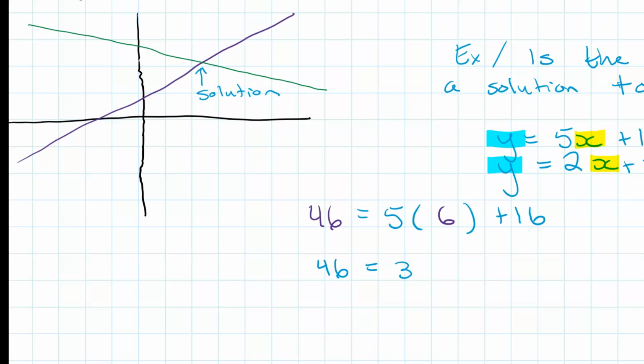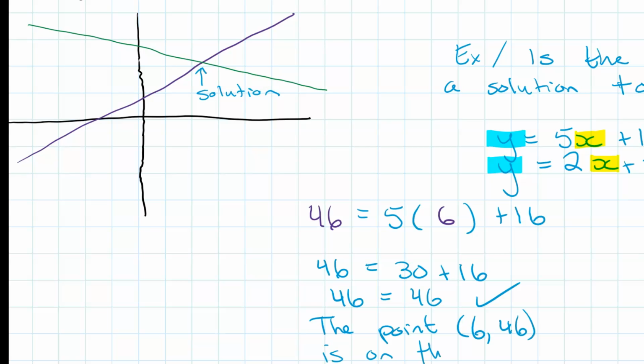So 46 equals 5 times 6 is 30, plus 16. 46 equals 46. That's true. So the point 6, 46 is on the line y equals 5x plus 16. Remember, that's what that means. If I have a true statement at the end, that point is on that line.